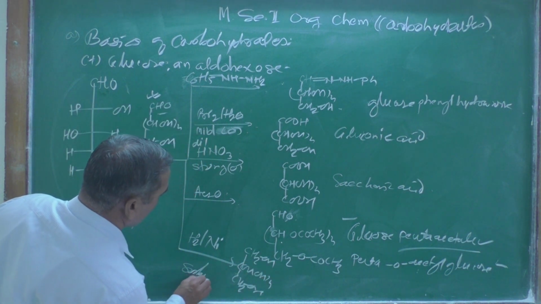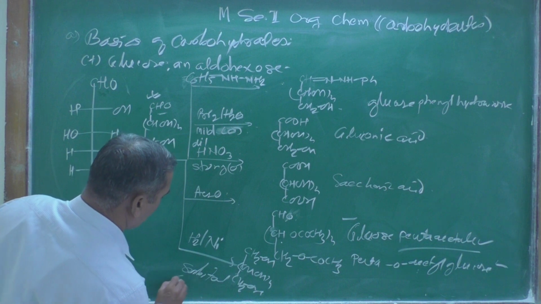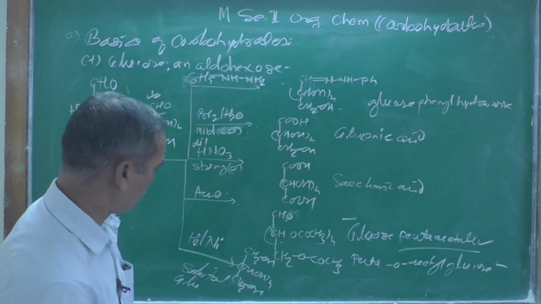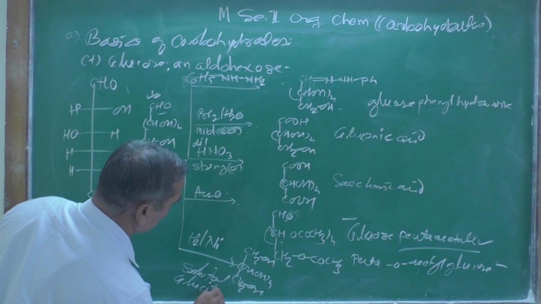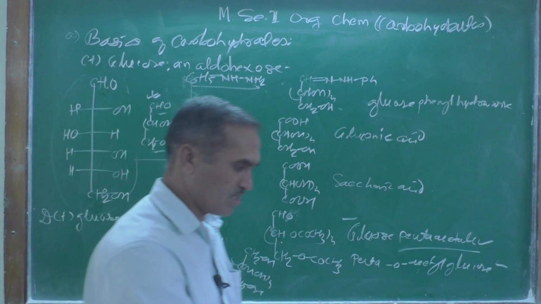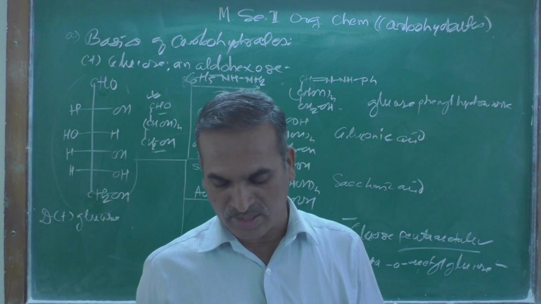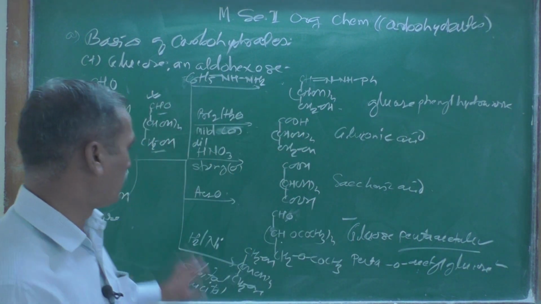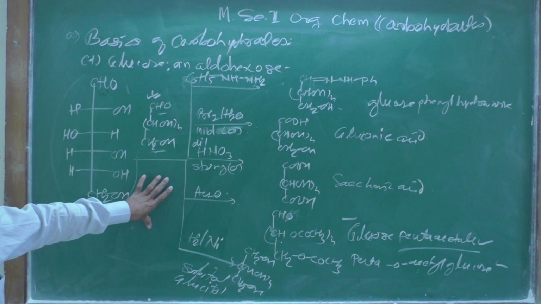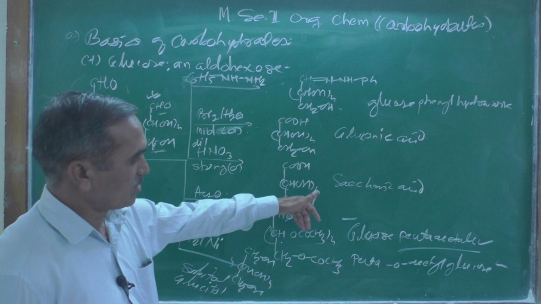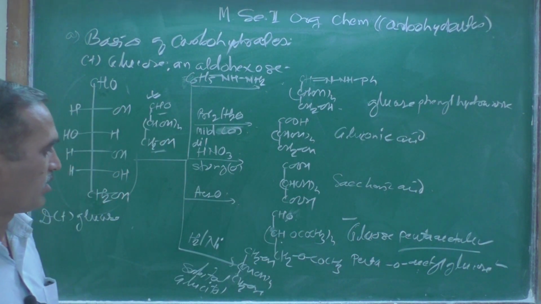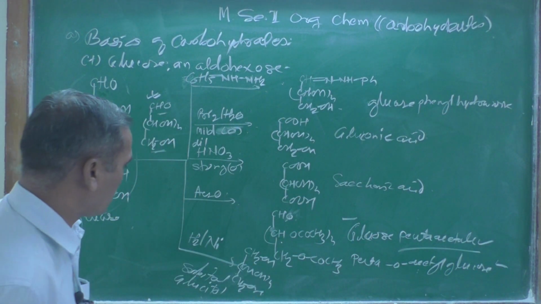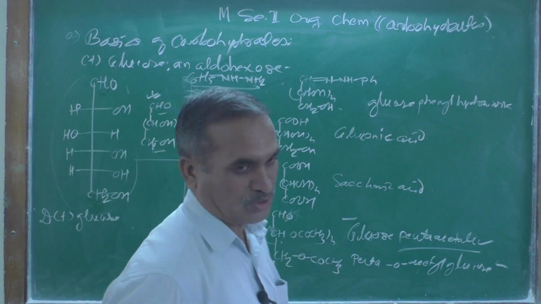This is known as sorbitol, or we can call it glucitol. That is the name of this compound after the reduction. The reduction product gives you this type of compound, and its name is sorbitol or glucitol.